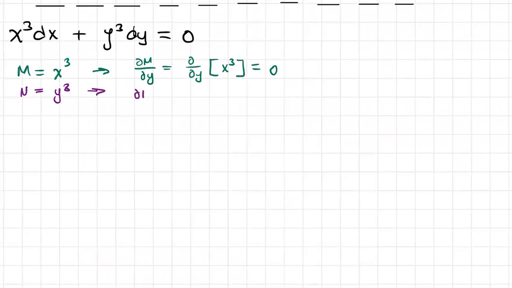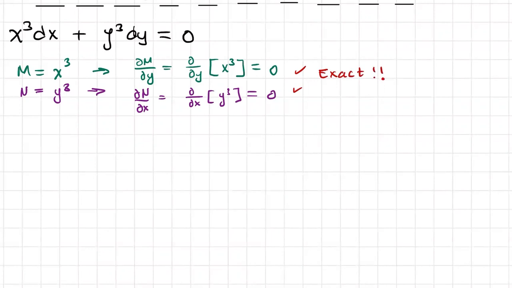This is partial derivative of N with respect to x. This is partial x of y cubed, and the partial derivative of y cubed with respect to x is also 0. Therefore, these two are the same, and this is an exact ODE.